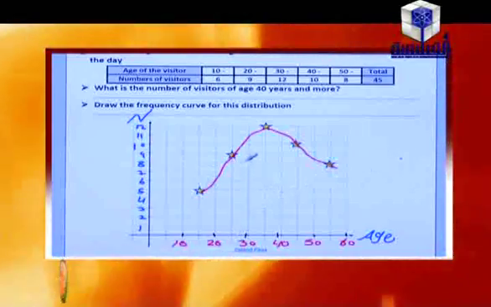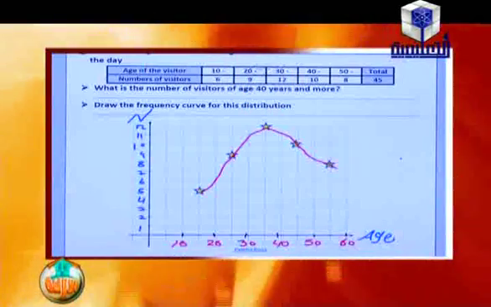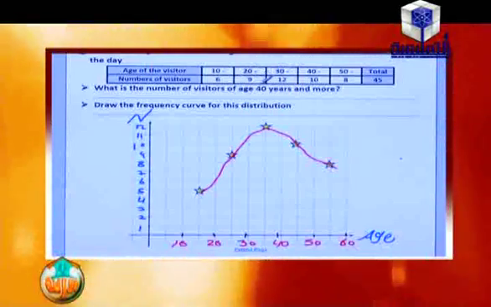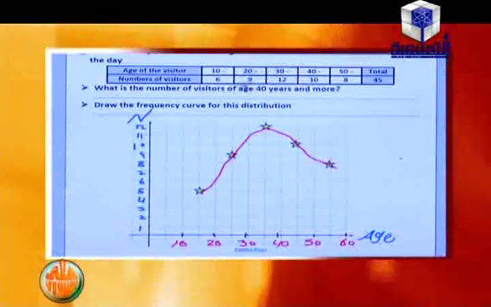The second question about this subject, Mr. Ahmad, he asked about the percentage of the number of visitors whose age is more than 20 and less than 30, with respect to the total number of visitors. Between 20 and 30 here is 9. The number of visitors whose age is between 20 and 30 equals 9 visitors.